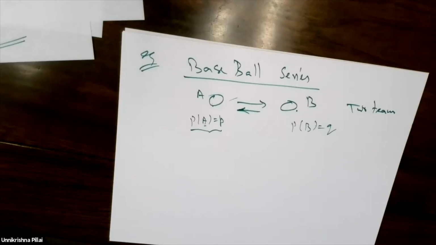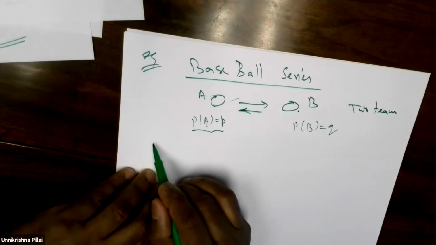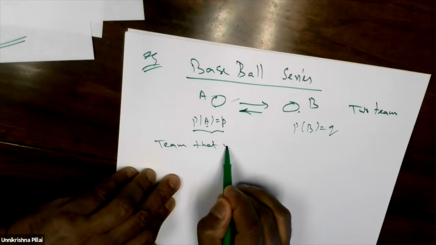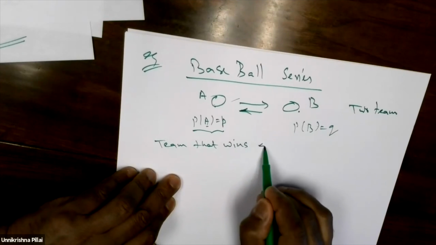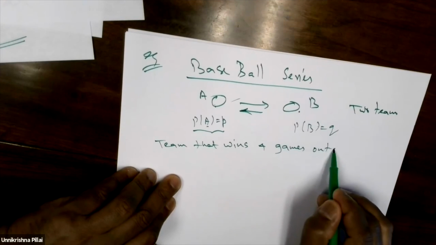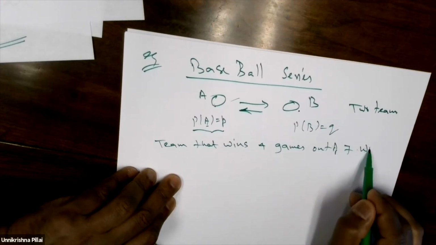How many games do you have to win to take the series? 4 games. Right. The team that wins 4 games out of 7 wins the series. Okay.